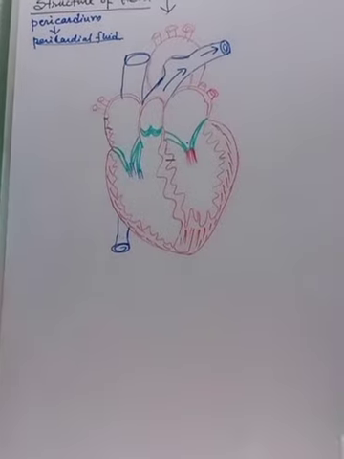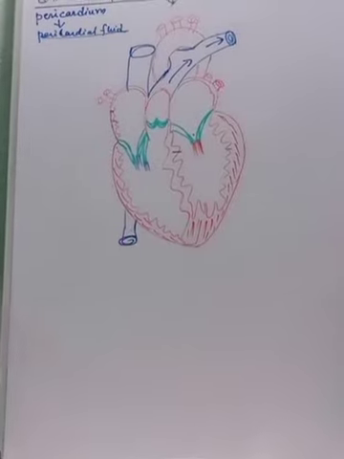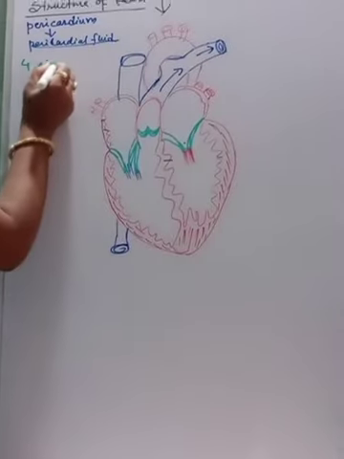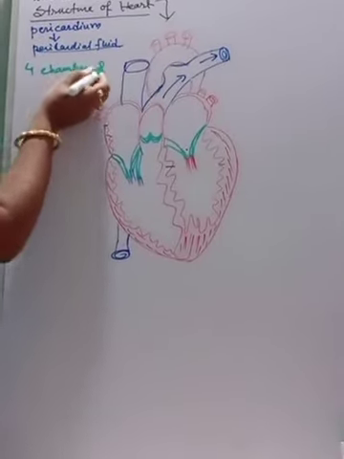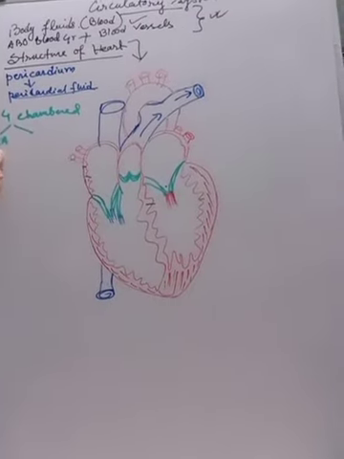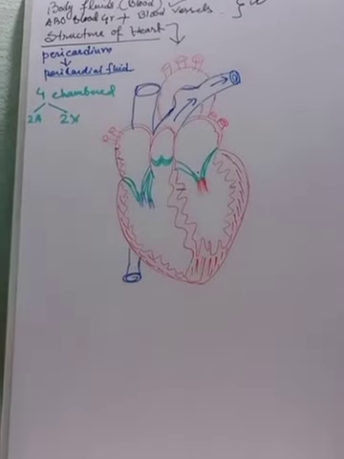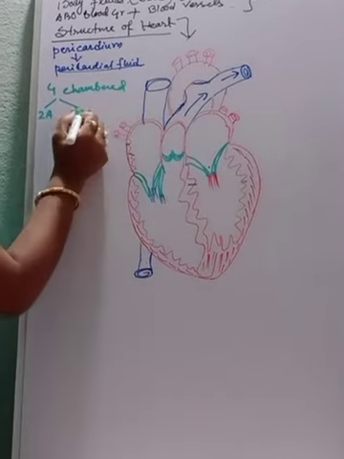The human heart is mainly 4-chambered. So I am writing here, human heart is mainly 4-chambered. Now what are the 4 chambers? There are 2 auricles. I am writing 2A, where A stands for auricles, and there are 2 ventricles, where V stands for ventricle.